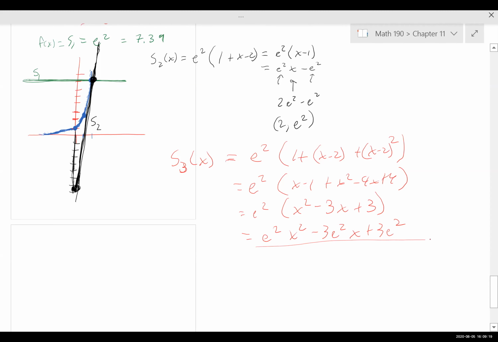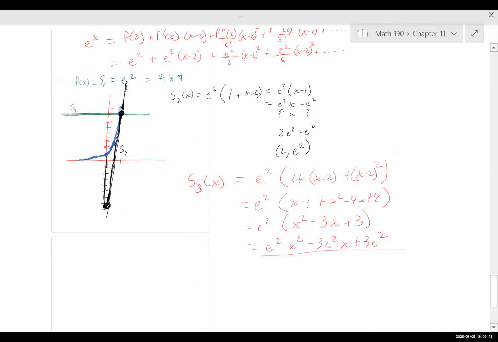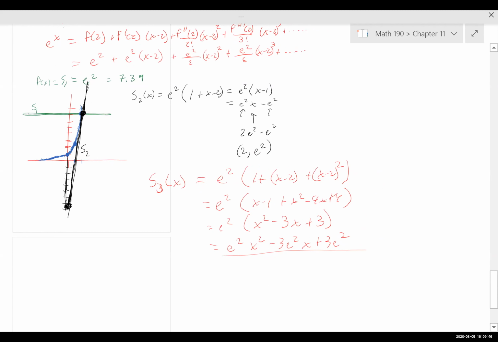And you know what, when x is 0, this thing is 3e squareds. Is that a negative or positive? Did I mess this up? Make sure I got this correct. Oh, wait, where'd the 2 go? I messed this up. There should be a 1/2 here. My bad. It's e squared over 2.